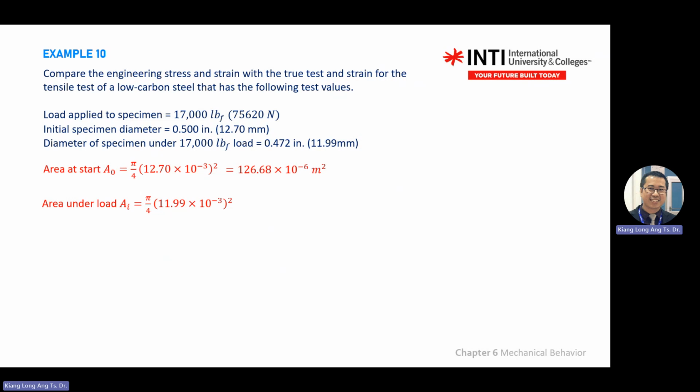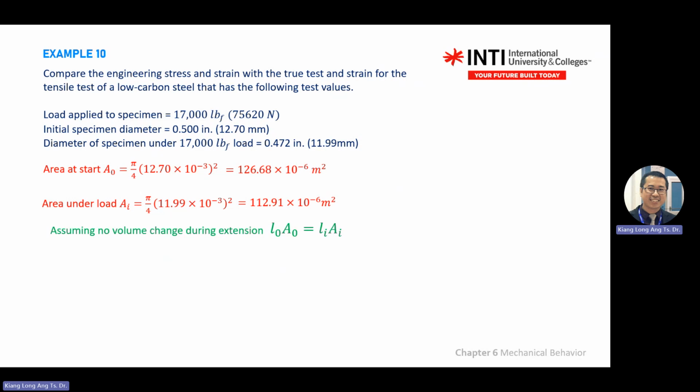The diameter of the specimen under load is this one, and the initial diameter is that one, so you have two. Then you can find the change of area. Before the start you use this one, after the start you get this one, so the area shrinks a little bit.